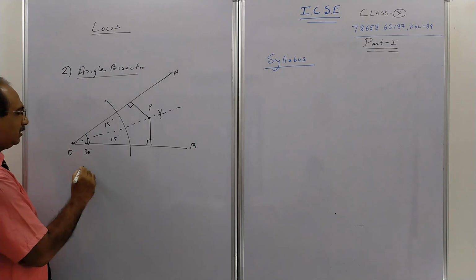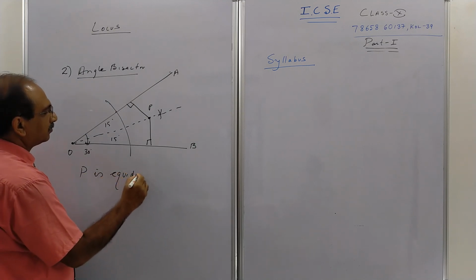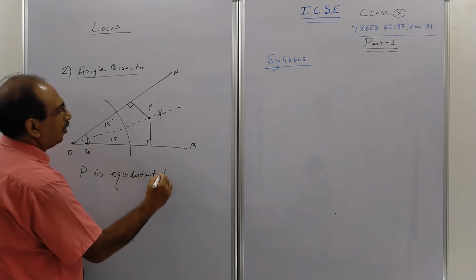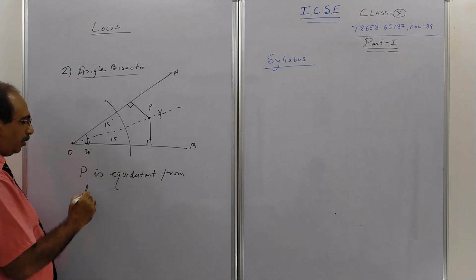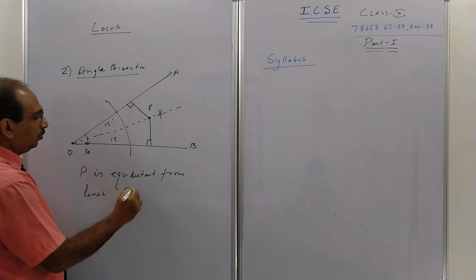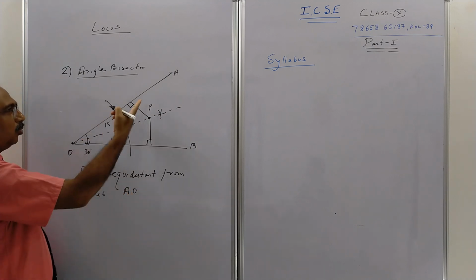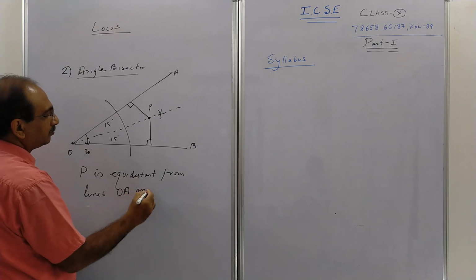So P is equidistant from, very important word children, because next I'll show you perpendicular by, from lines AO, or you can take OA, and OB.